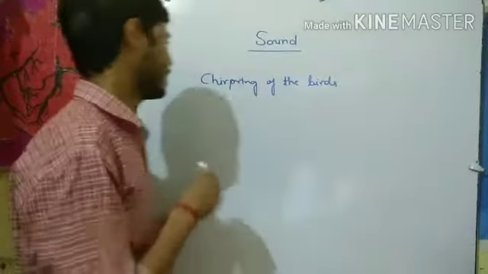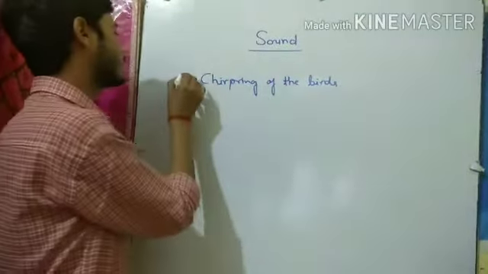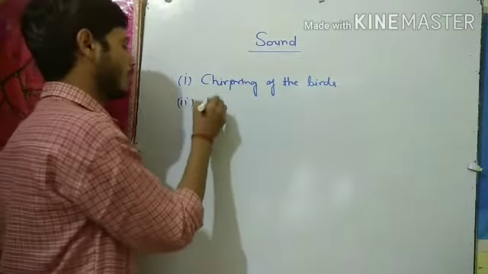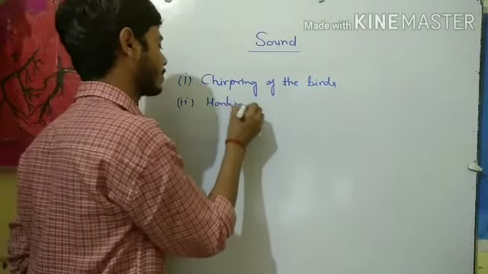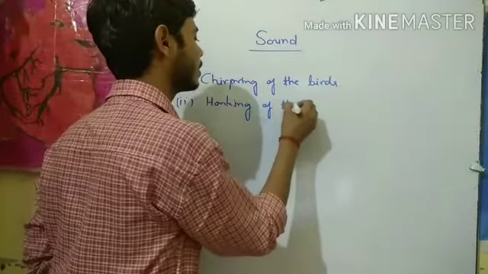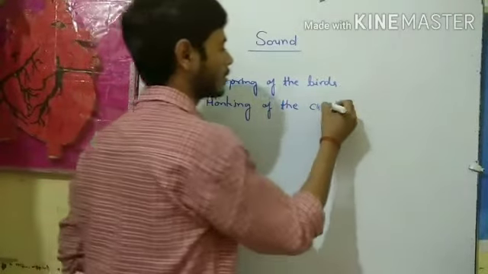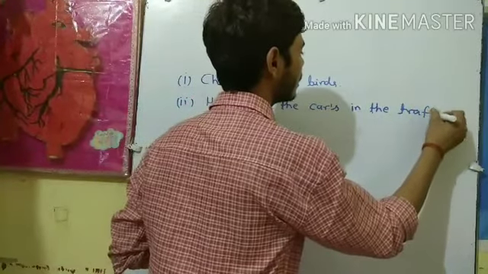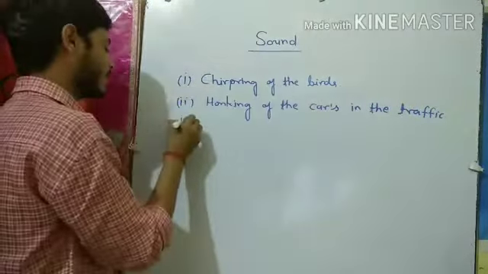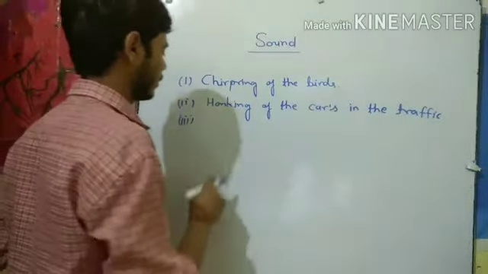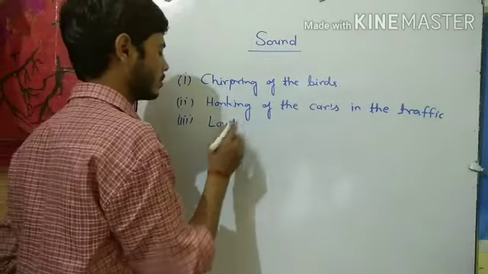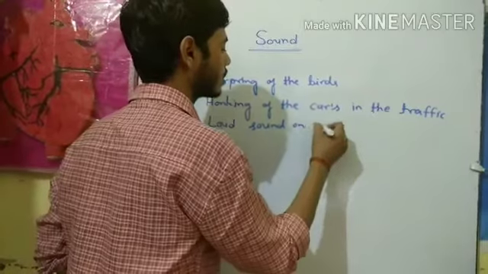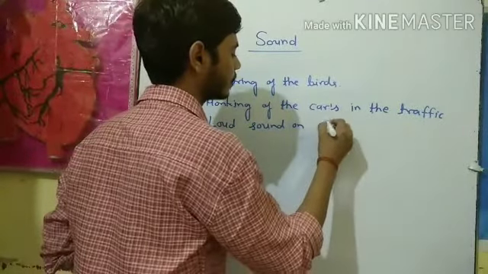First of all, we write the examples. First one is the chirping of the birds. The second one is the honking of the car in the traffic. The next one is loud sound on stereo.